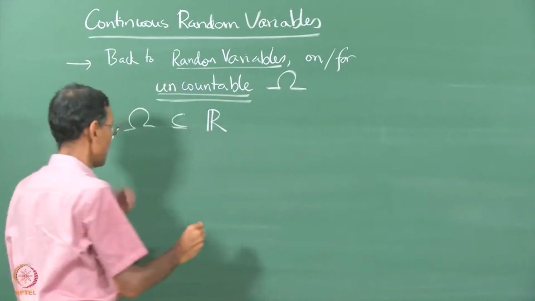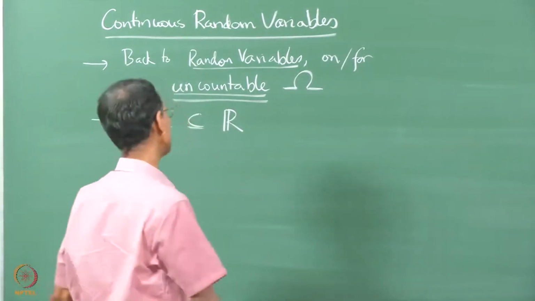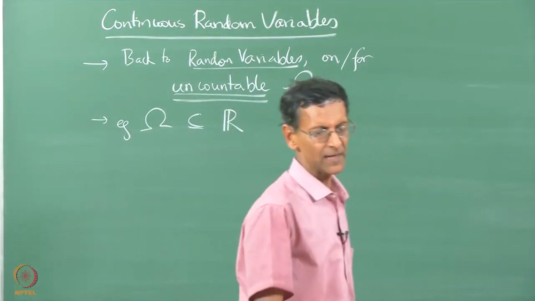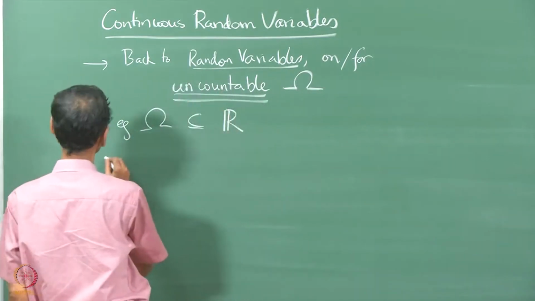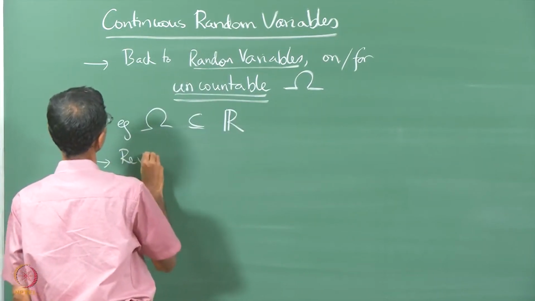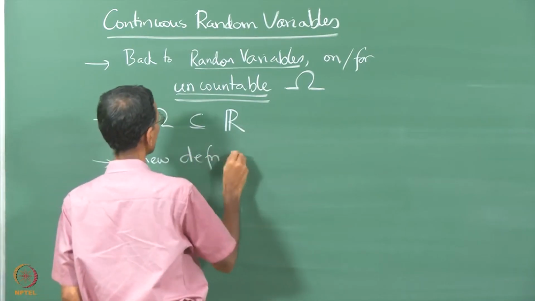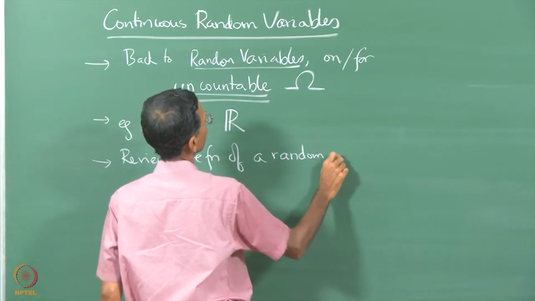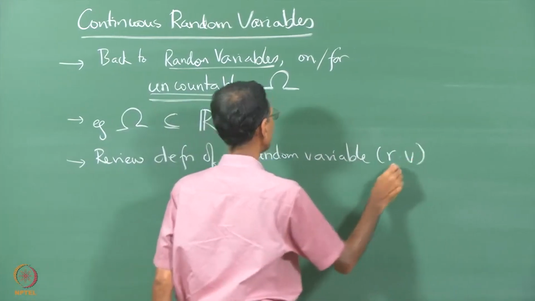Okay. So, to define a random variable we basically need a functional mapping between every sample point and the real line itself. So, let us review the definition of a random variable. Well, let us use RV instead of saying random variable all the time.